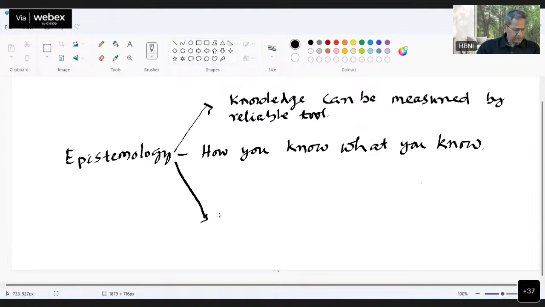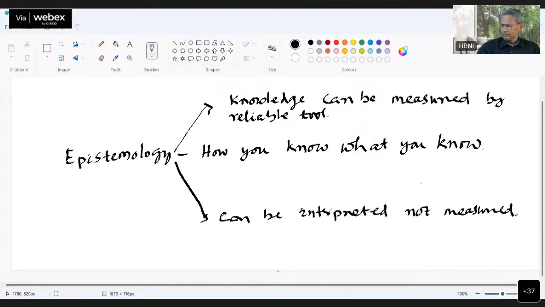The other extreme says it can only be interpreted, not measured. One extreme says knowledge can be measured, I can measure it. In the other case, it cannot be measured, it can only be interpreted. Knowledge can only be interpreted.